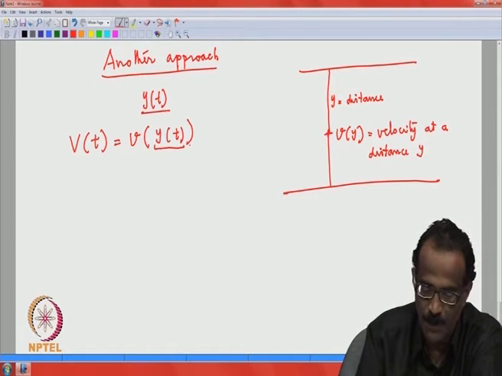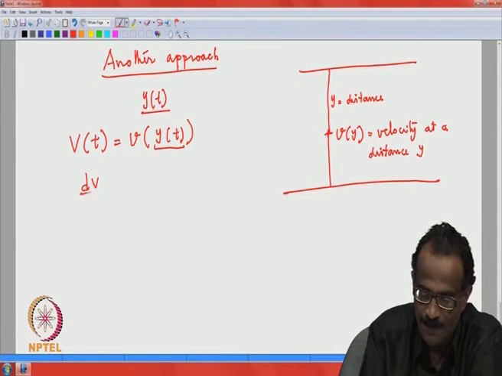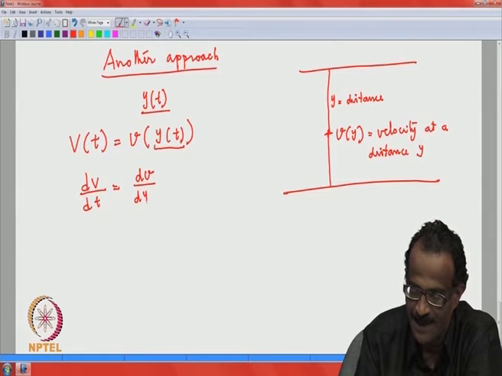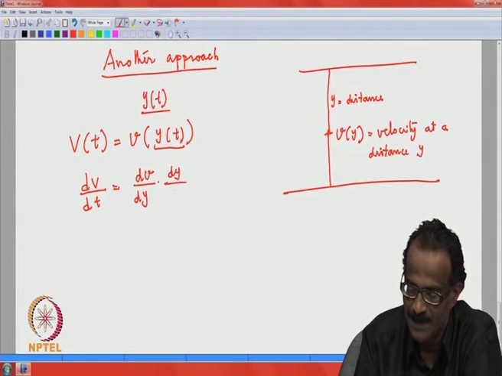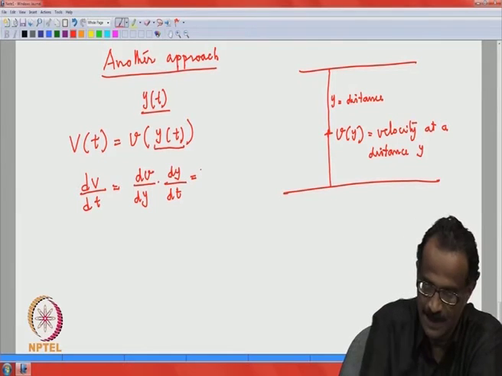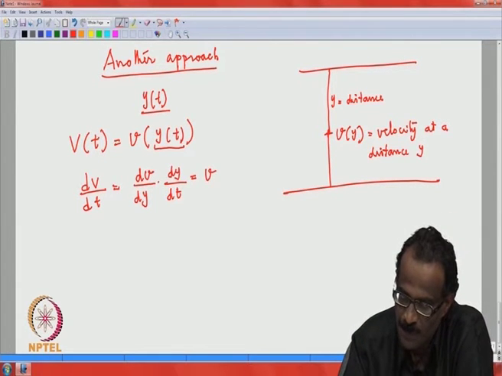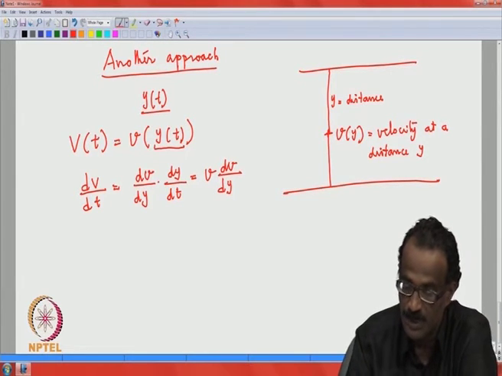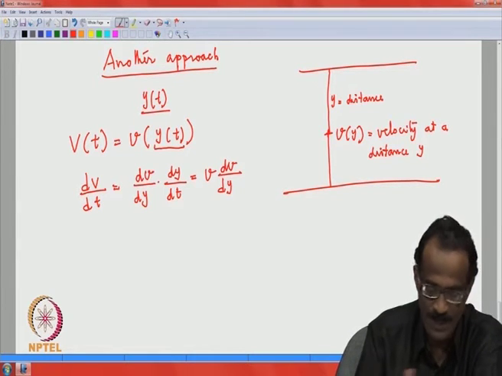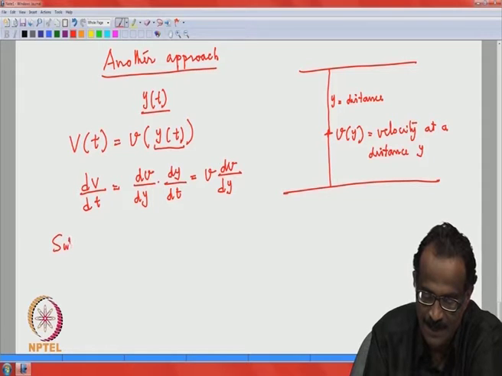So, you compute these things. It is a question of computing dv by dt, which is equal to dv with respect to y times dy by dt. But dy by dt is the velocity, that is nothing but v. So, this is nothing but v times dv by dy. Now, substitute this dv by dt into the earlier equation.